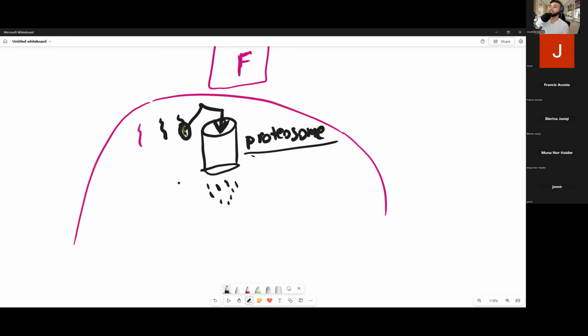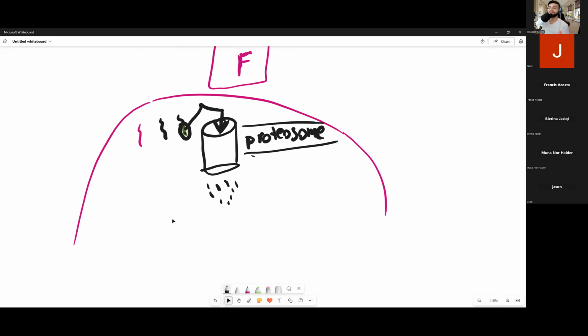Very important function here. Not only is this function important in the maintenance of the cells, but it also has a very important function when it comes to immunology.